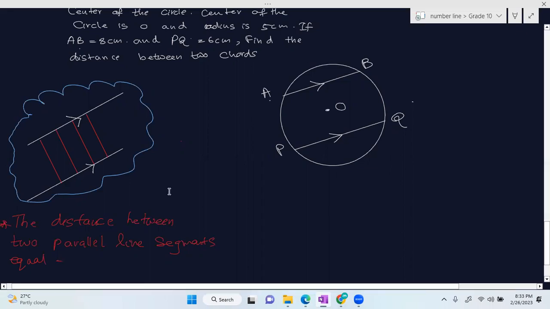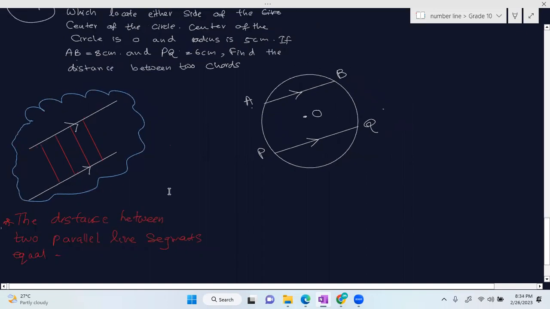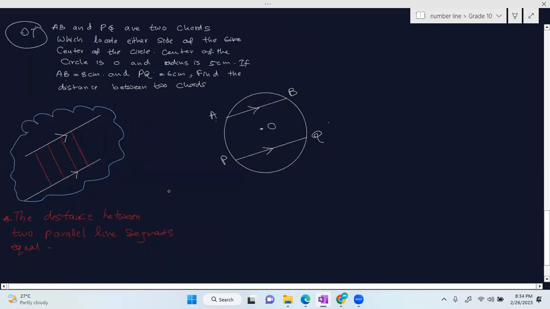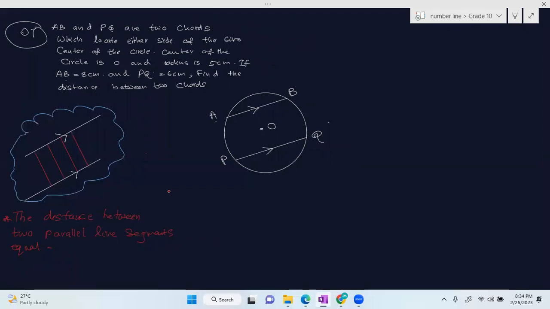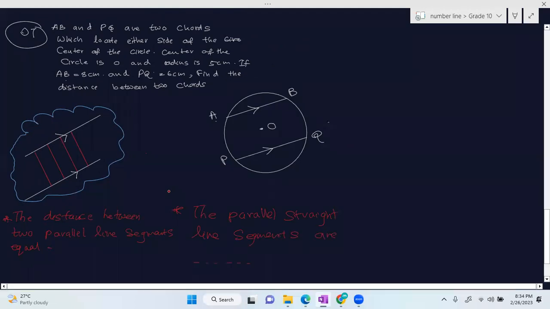There is another thing. What is it? The parallel straight line segments are, can you fill the blank? The parallel straight line segments are what?